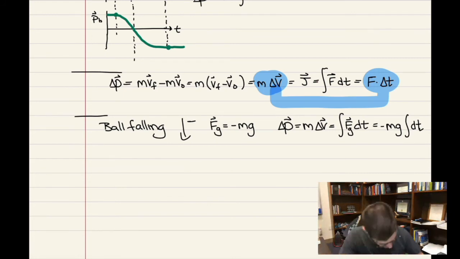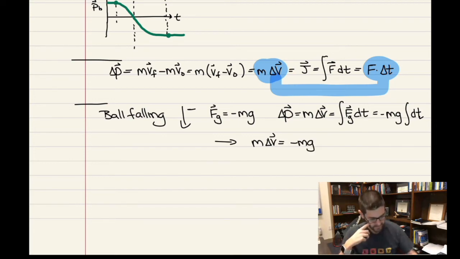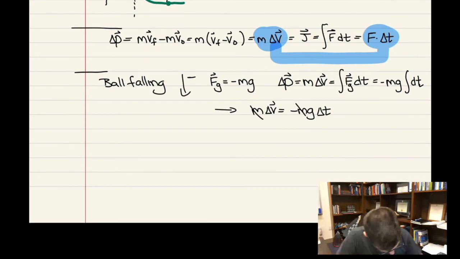And so if I rewrite it again, I might say m delta v equals negative mg times some delta t. The masses cancel, and you get what we would have seen in kinematics.